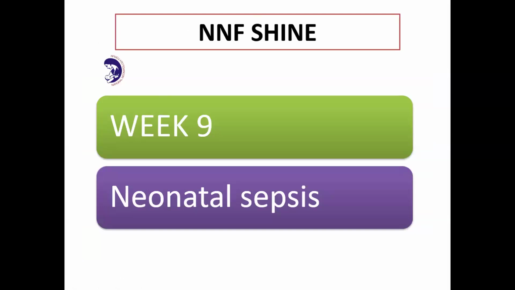And the second issue is the idea of stewardship. To save the babies is fine, but also knowing when not to do the things which are not required, like starting antibiotics or withholding feeds, and when to suspect and when not to suspect. So these are certain finer points in neonatal sepsis.